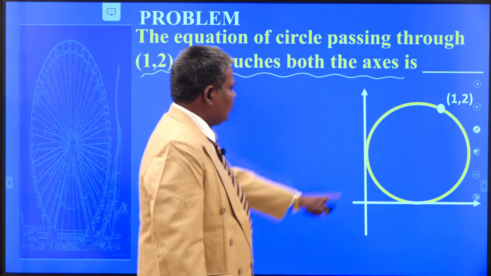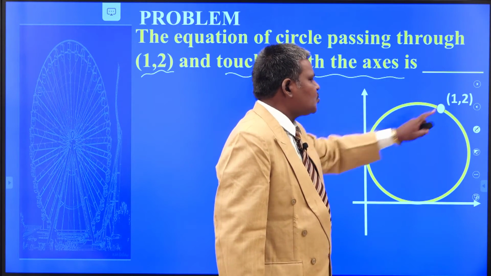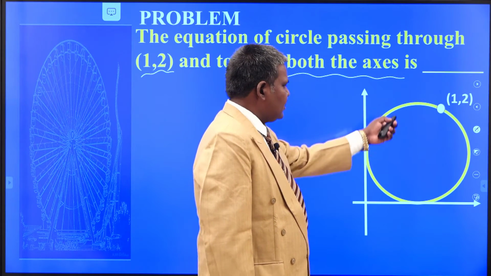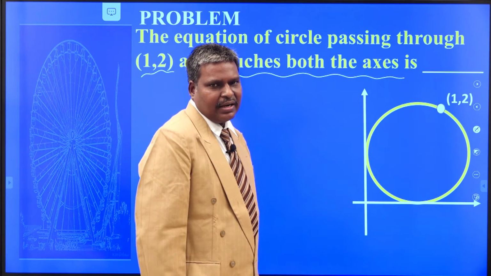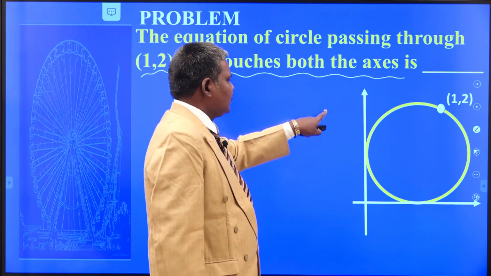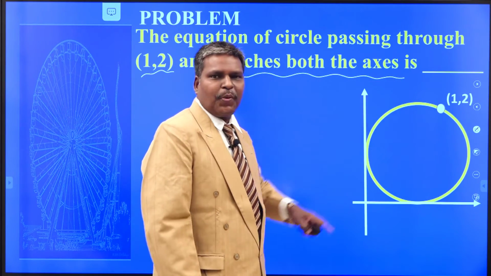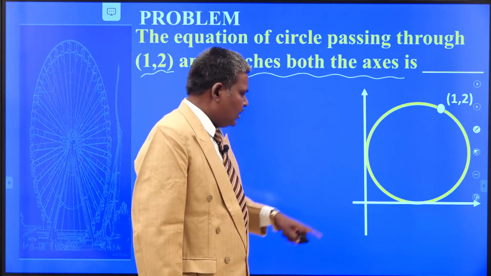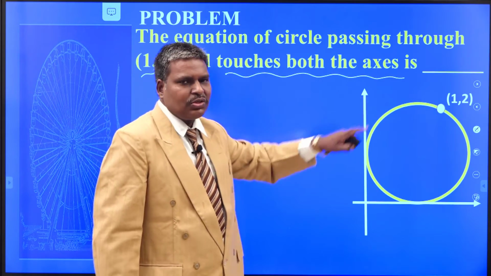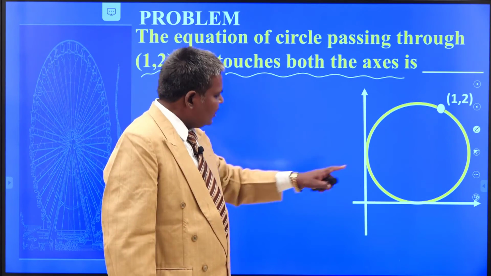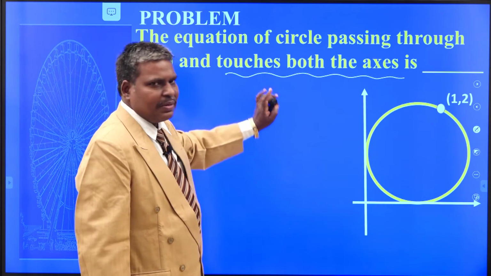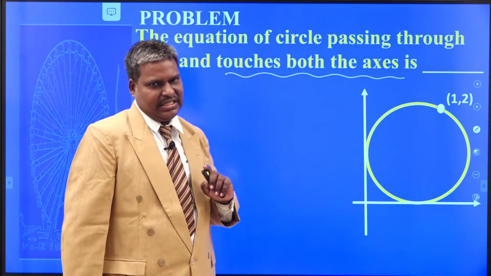Listen to me. The circle satisfies this point and touches both coordinate axes. Is it must and should be in the first quadrant or not? Yes. If your circle is in the second quadrant, is it possible to pass through that point? No, not at all. If your circle is in the third quadrant, is it possible to pass through that point? No. In the same manner, fourth quadrant also. So, for this type of problems, you observe the point.